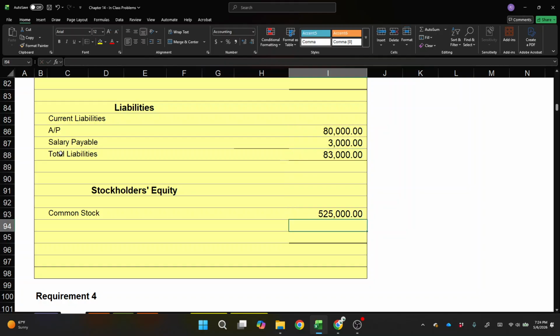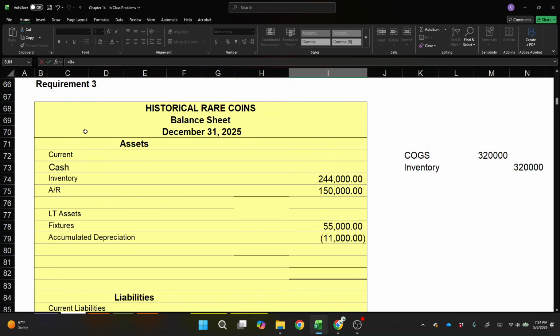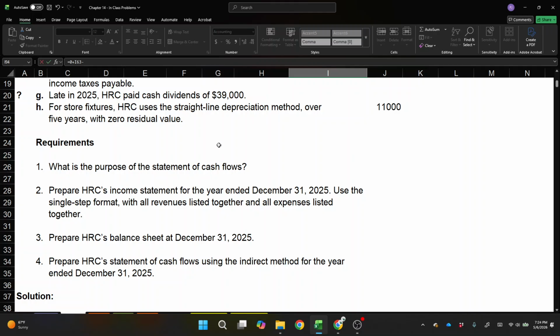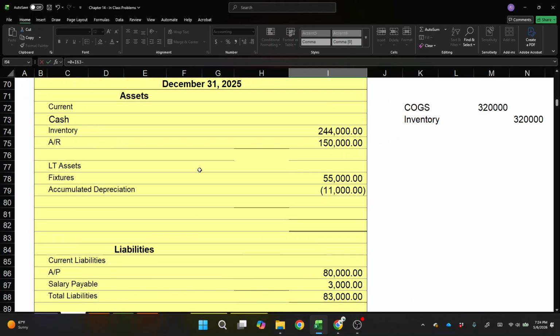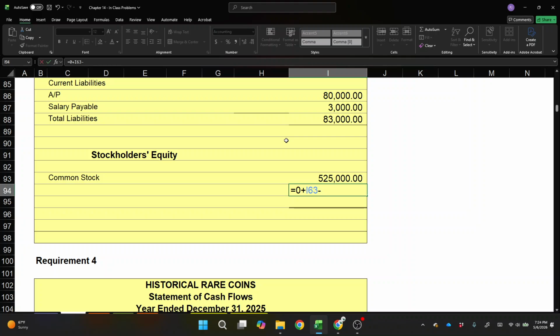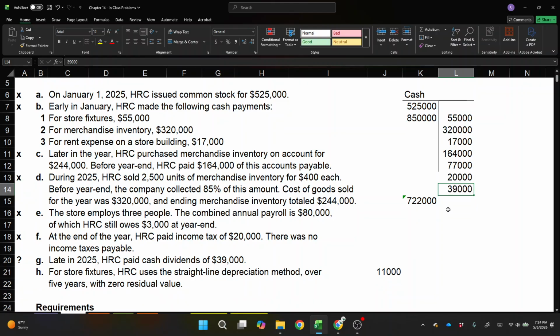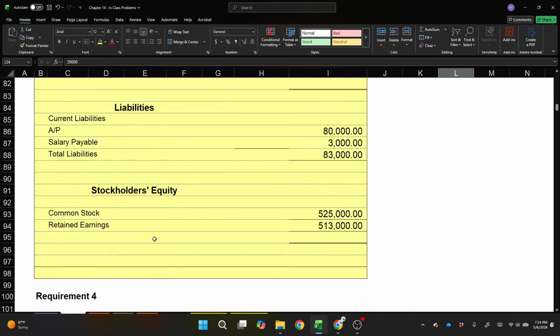Our retained earnings, our beginning balance is zero, plus our net income minus our dividends, which was 39,000. That's going to be our ending balance. This is retained earnings. I think I know what we did wrong. If I go up here, I know it's 39. Let's continue and see what number is off.